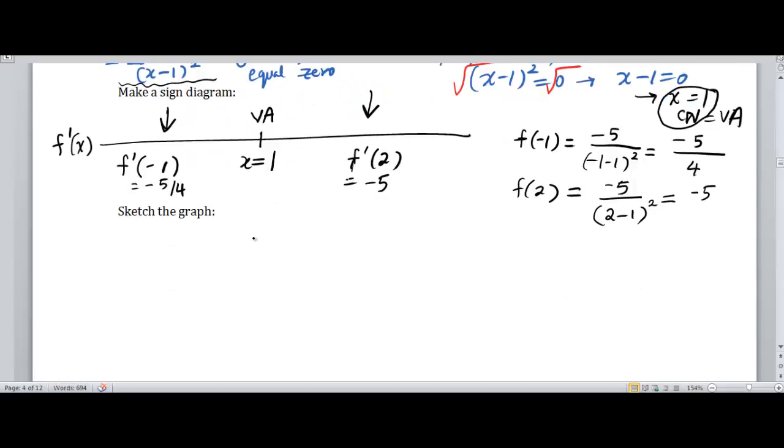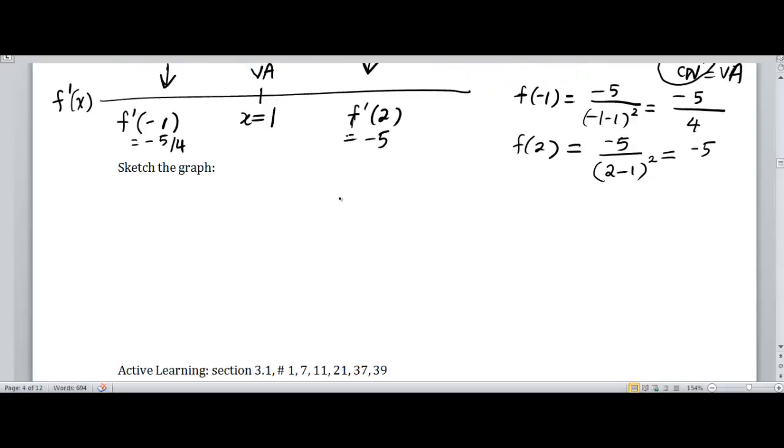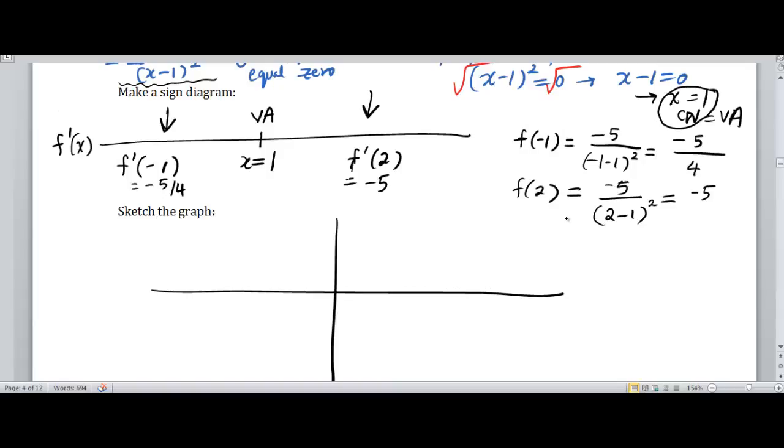Alright, so let's sketch this graph. That's a good thing with math, you can always check yourself. So let's see, at 1, what's my line doing?